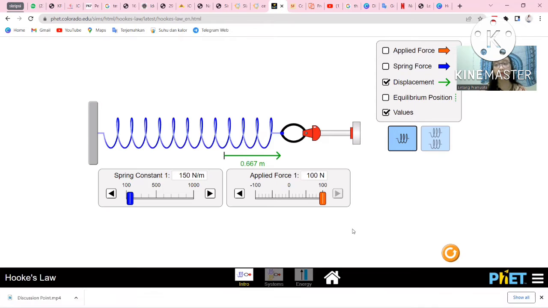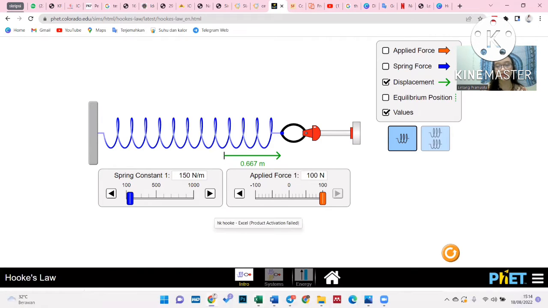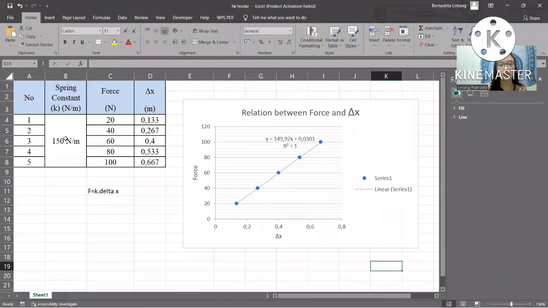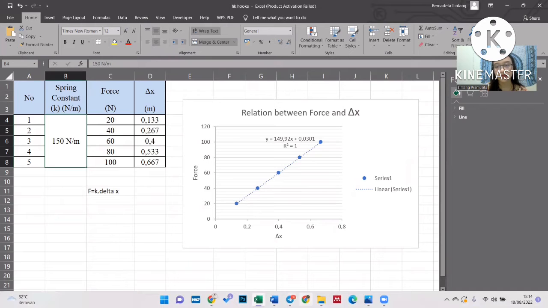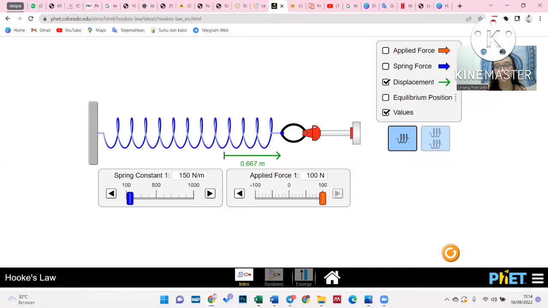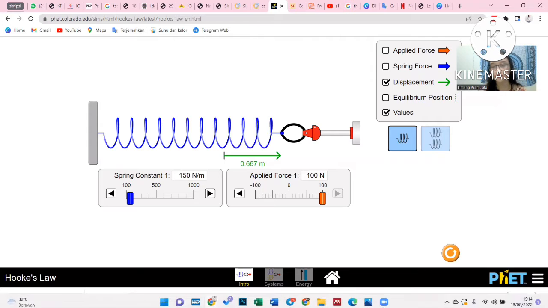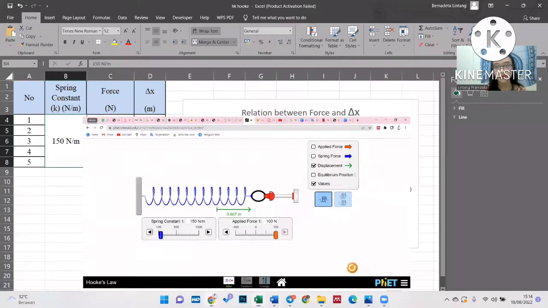And we can analyze this through a graph or in mathematical terms. We can use Microsoft Excel. We can make a table about the spring constant or K. In this experiment, the spring constant is 150 Newton per meter.